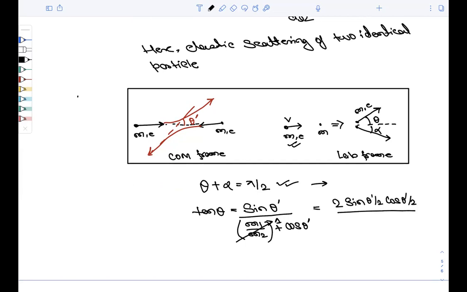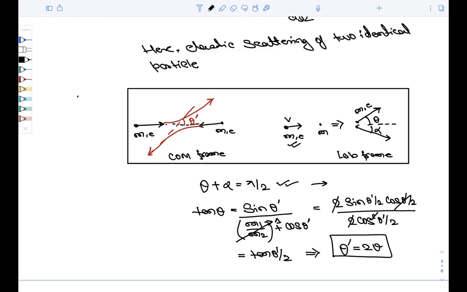We can write sin theta as this, and 1 plus cos theta dash can be written as 2 cos square theta dash by 2. So the 2 cancels out, and it equals tan theta dash by 2. From here, we can write simply that theta dash equals 2 theta.